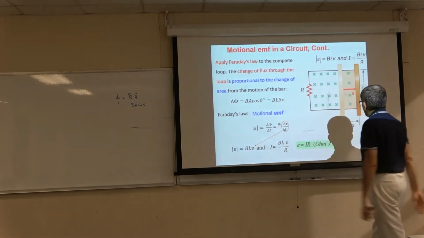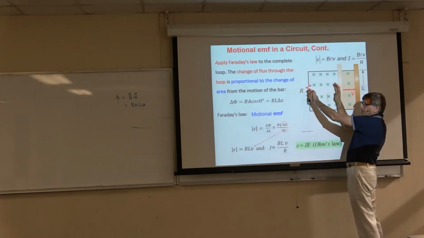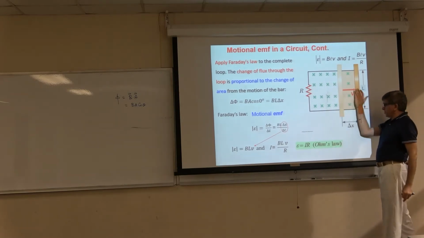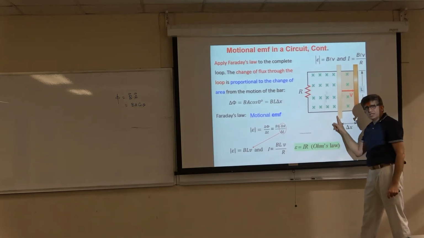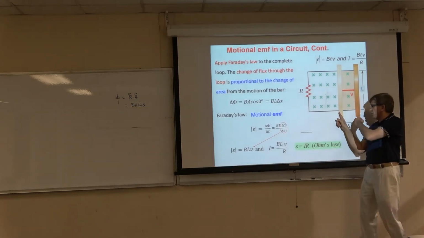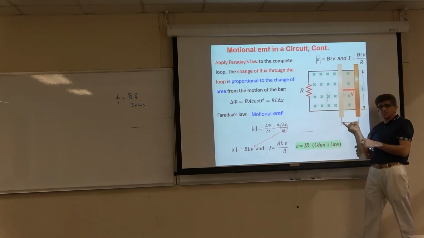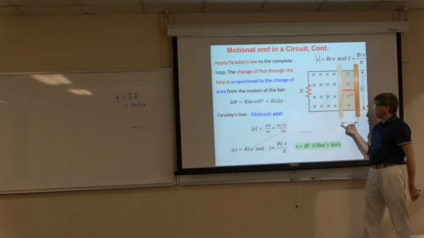Now let's deal with the area. What is changing in this case? The area is changing because we are moving the bar. Let's say that initially the bar was at this point. Now I applied the force, and the bar moves from here to here. This distance is delta x between the two positions of the bar.